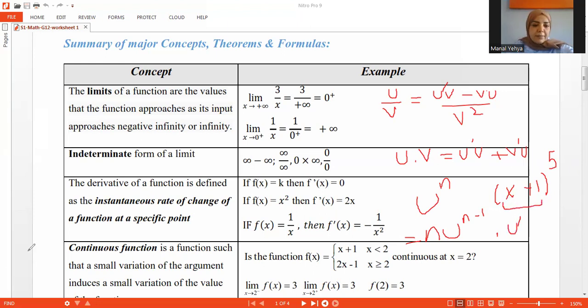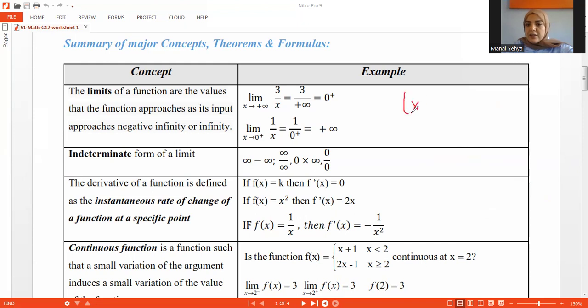Let me give an example. If we have x squared plus 5 to the power of 7, and I need to calculate this derivative, it's 7 times (x squared plus 5), multiplied by the derivative of the term itself, which is 2x. Sorry, this is to the power of 6. Okay, so that's the derivative.